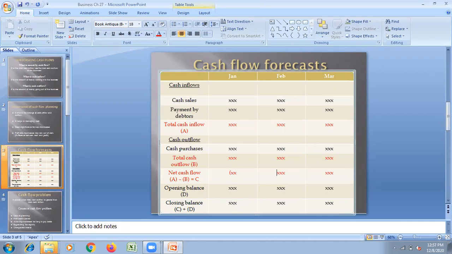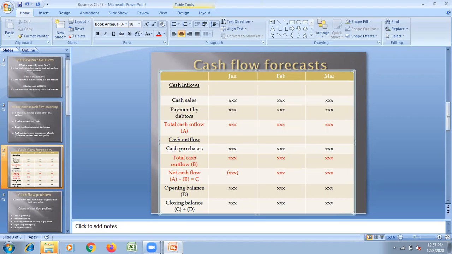we normally put brackets this way. Brackets show that there is a negative balance, that cash flow is negative, because the minus sign is not used.